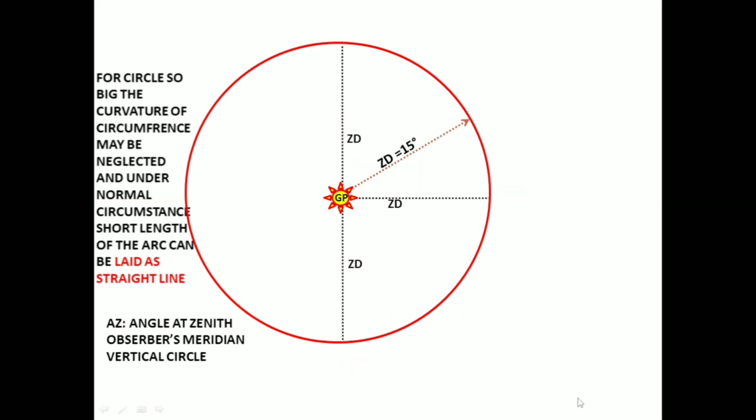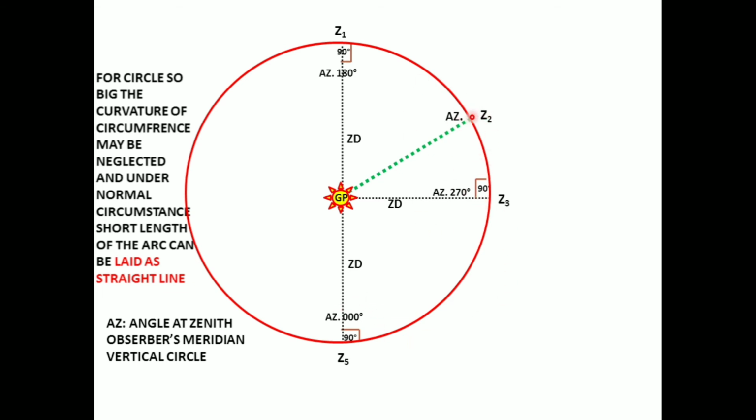We know that the radius of a circle, which we have used here as a zenith distance, meets the circumference and makes an angle of 90 degrees with the circumference. That's geometry. Now, as I said, the azimuth here was 180, azimuth 0, 0, 0, 270.